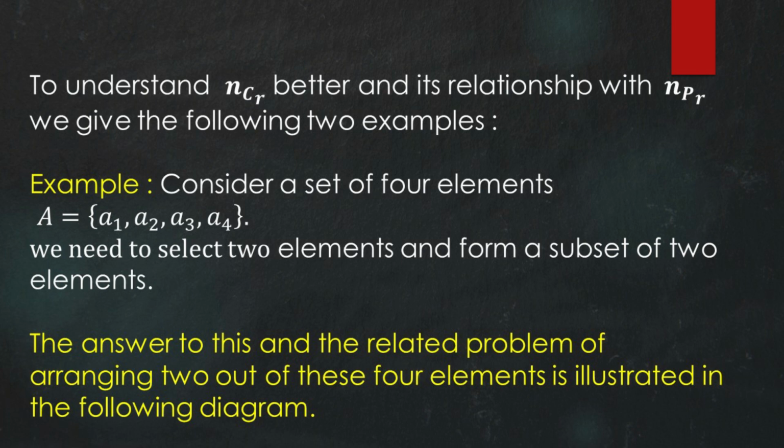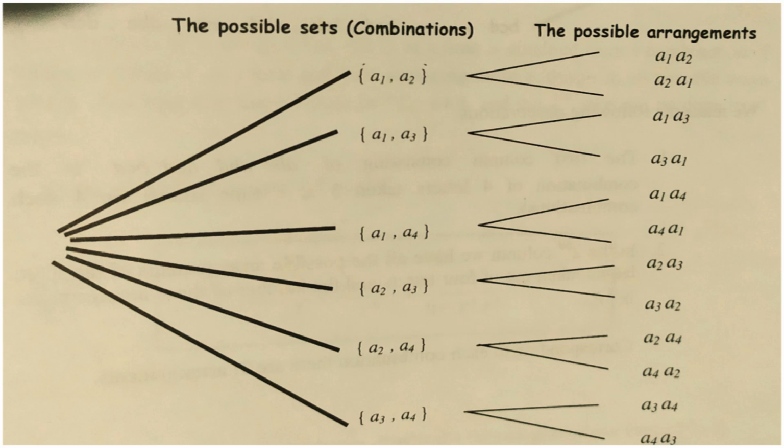We need to select two elements and form a subset of two elements. The answer to this, and the related problem of arranging two out of these four elements, is illustrated in the following diagram.